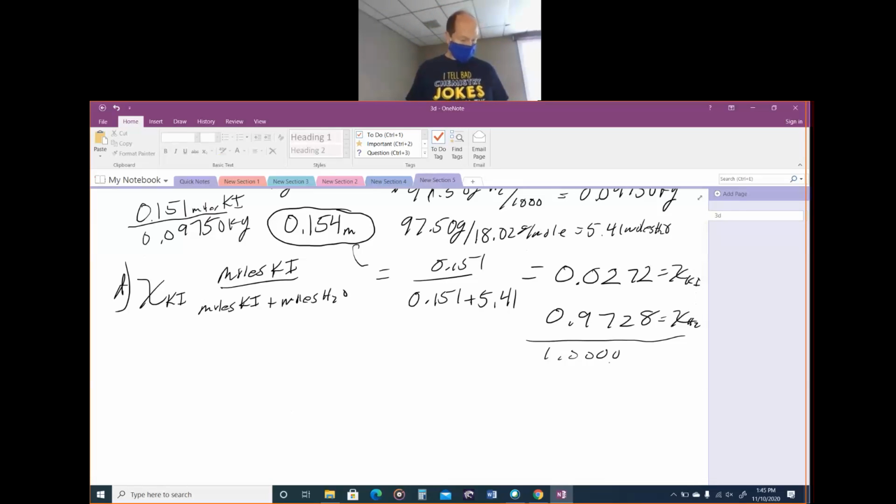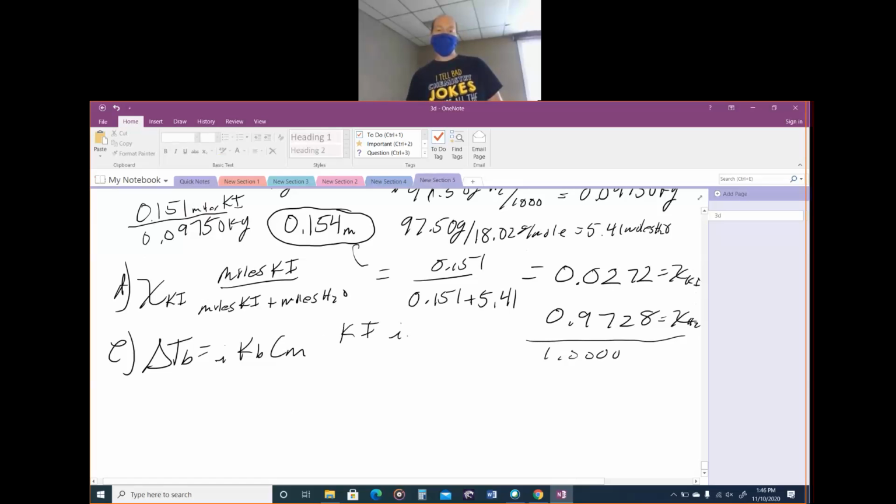All right. Part E. Calculate the boiling point of 2.50% KI. So now we want the boiling point. And that is going to be delta T sub B is equal to i Kb Cm. All right, so we are talking about KI. KI has K plus and I minus. So the first thing you need to know about KI is that you have two ions in solution.